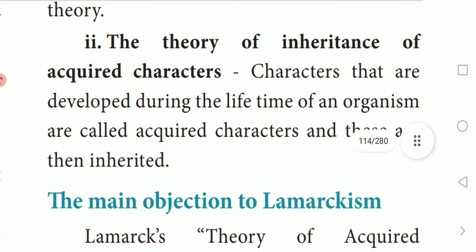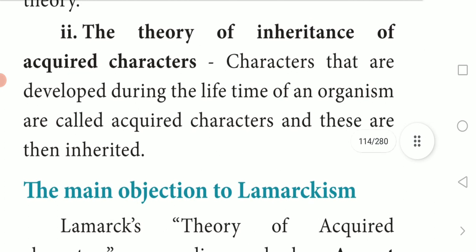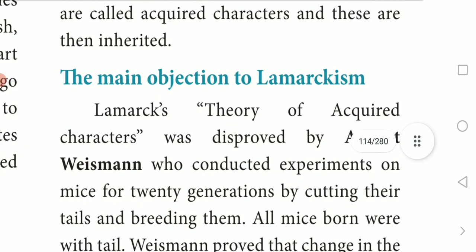The giraffe that has a long neck can get food in all the seasons. The giraffe that has a medium or lower neck may not have enough food. What happened? They used to die. That is the example of this one.